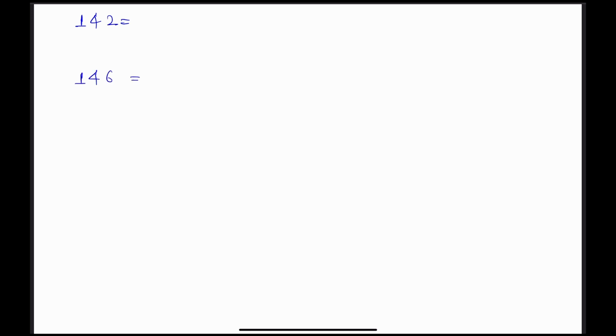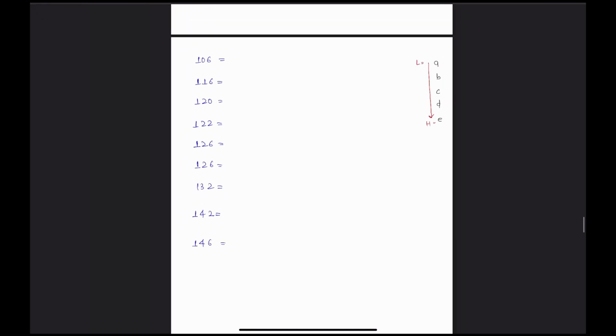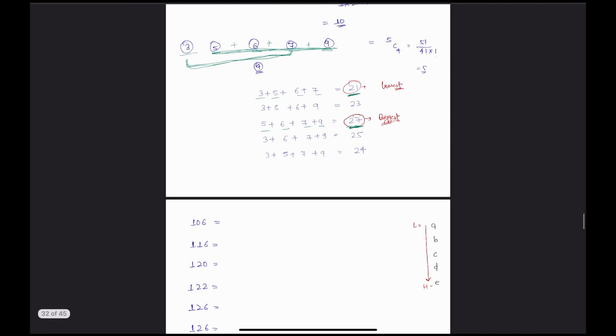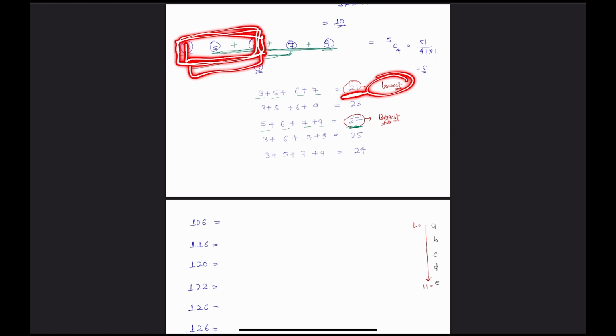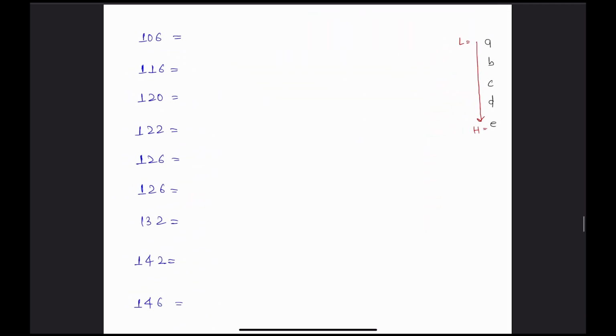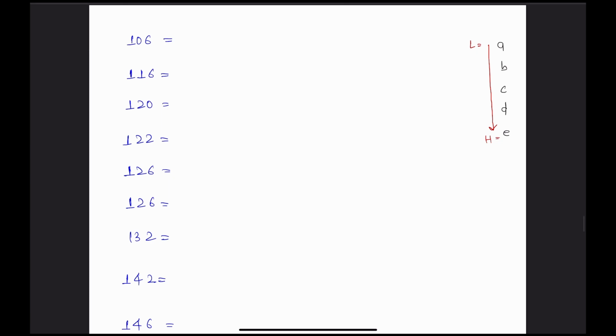So the same concept which we understood over here: the lowest value will come with the addition of the least values, like the lowest 3, and the highest will be these 4. Similarly, can we say for sure that 106 is the sum of nothing but a plus b plus c, because these 3 are the lowest of all?